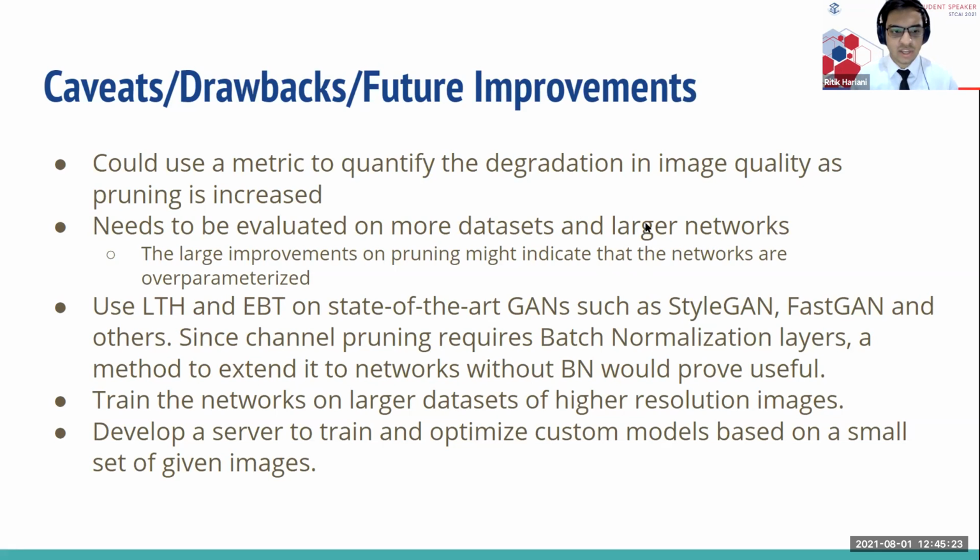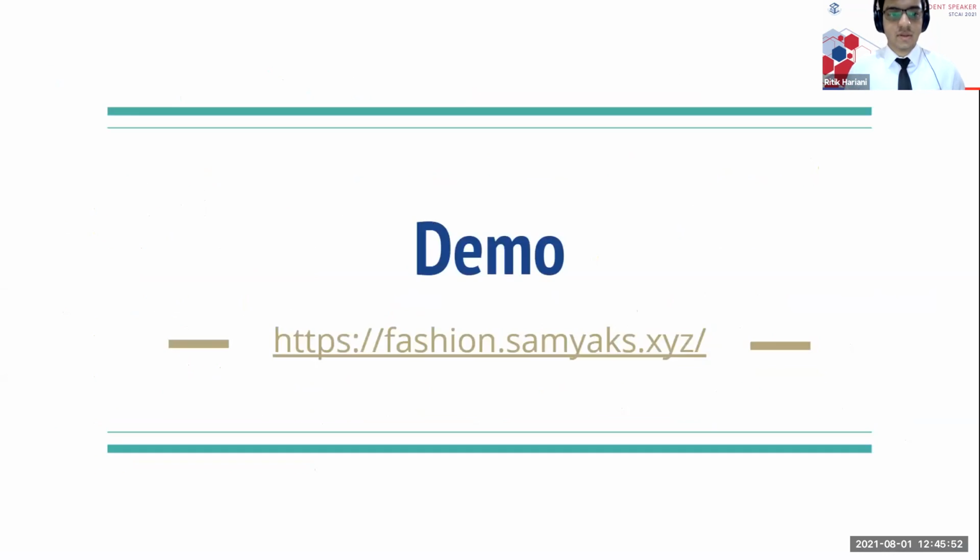Since channel pruning usually involves batch normalization, we could also find a different way where we extend our layers and do not use batch normalization, which could lead to higher resolution images. And since the dataset was limited to around only 70,000 images from Fashion MNIST, we could also get a larger dataset from various fashion designers if they allow us.